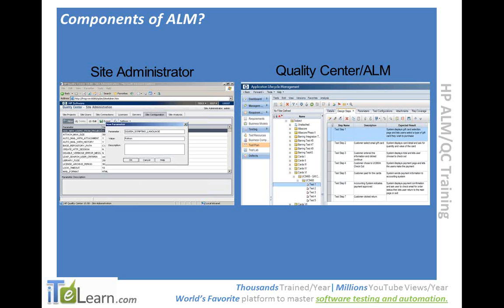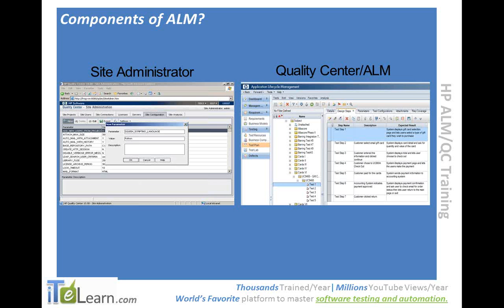And suppose there is a project under domain A and, for some org change, that project has been moved to domain B, then moving that project from domain A to domain B. All those activities are done by the ALM administrator or site administrator.